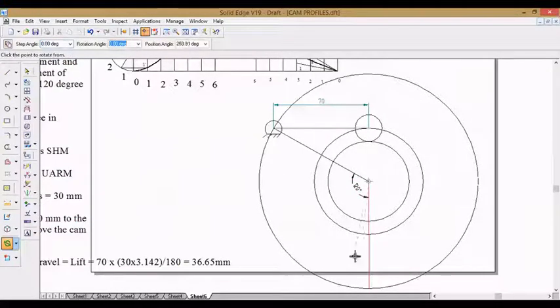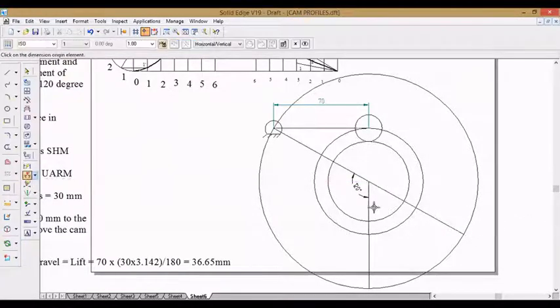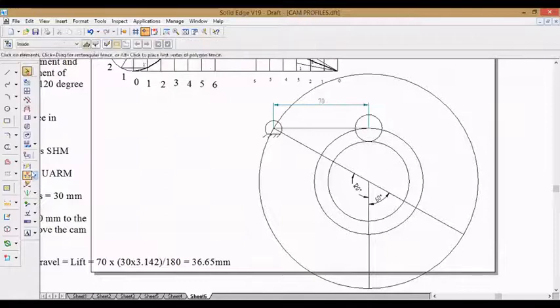From this measurement, you take 60 degree. For the second angle now, 60 degree. This is 60 degree. And the remaining is 120 degree return stroke, he has given.